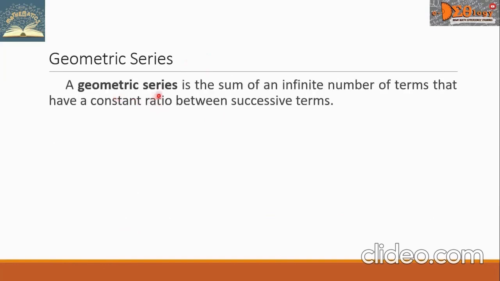A geometric series is the sum of an infinite number of terms that have a constant ratio between successive terms. We can write A plus A times R plus A times R squared plus A times R cubed plus and so on. The R here is the common ratio, and A is the first term.